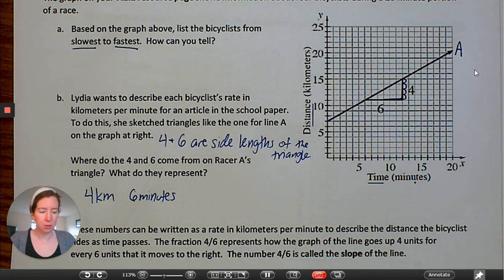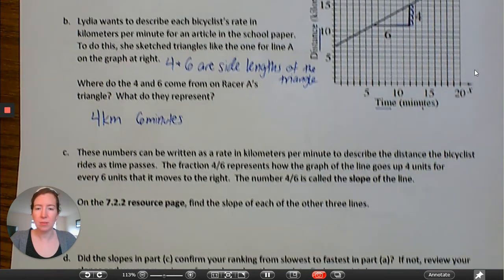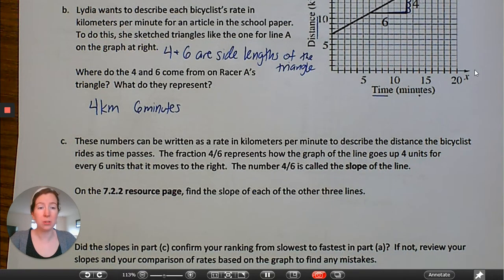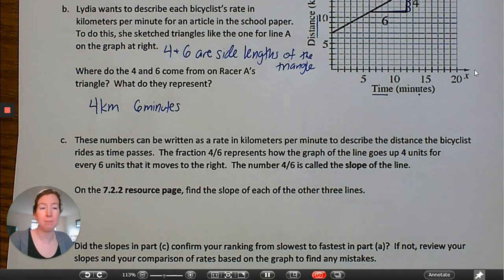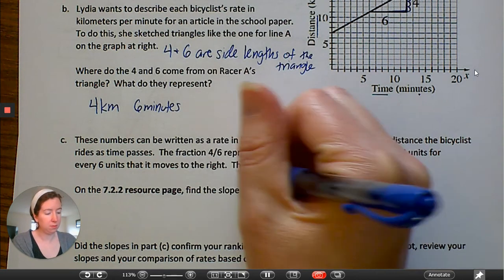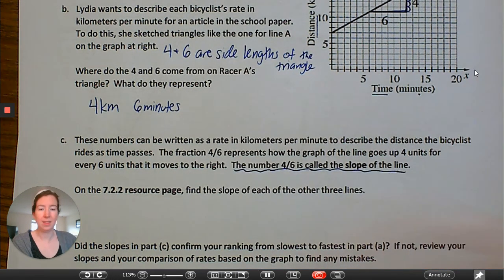Now, why is that important? These numbers can be written as a rate in kilometers per minute to describe the distance the bicycle rides as time passes. The fraction 4/6 represents the graph of the line, how the graph of the line goes up 4 units for every 6 units it moves to the right. That's the slope. That's the slope of line A.